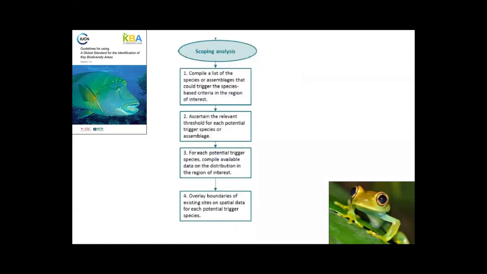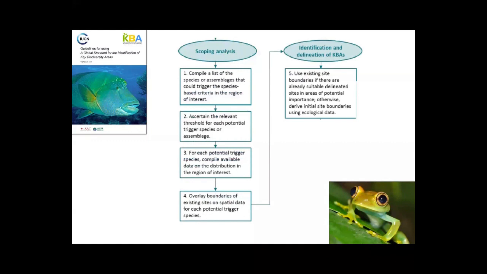We can then overlay those boundaries on the boundaries of existing sites on the spatial data for each potential trigger species. And the KBA guidelines again provide suggestions on where to find GIS, so Geographic Information System, data on existing sites. If there are no suitable delineated sites in areas of potential importance, then we can use data on species distribution patterns to derive initial KBA boundaries.